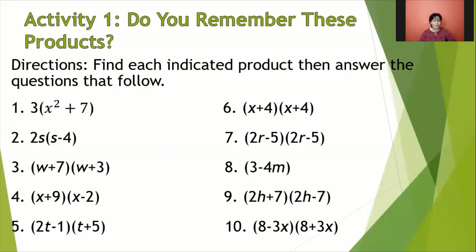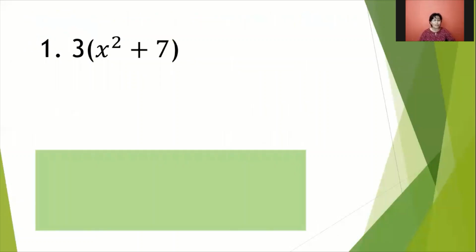Let us start. In answering the given mathematical sentence, number 1, we have 3 quantity x squared plus 7. See to it that you analyze the given mathematical statement. We have 3 as a monomial, while x squared plus 7 is known as the binomial.